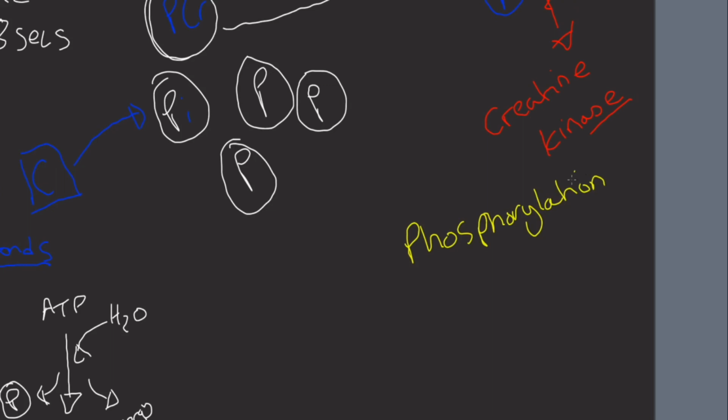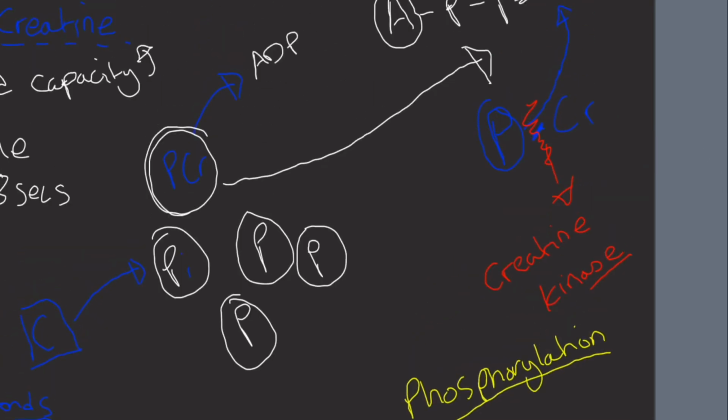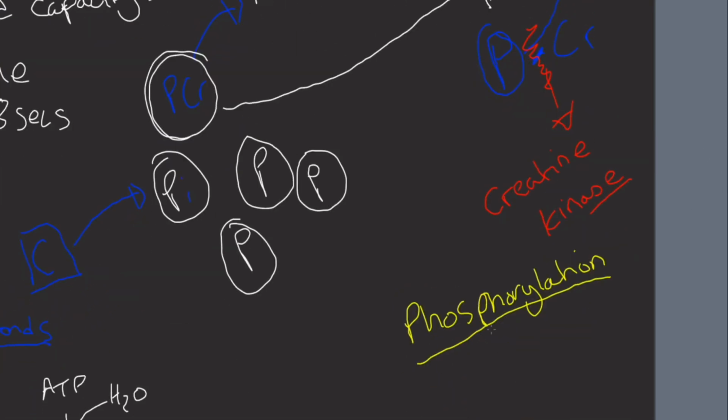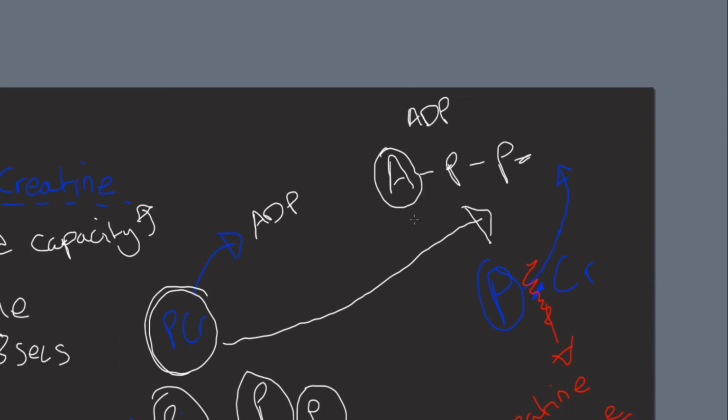So phosphorylation is when a molecule is phosphorylated, it gains an additional phosphate. So ADP becomes phosphorylated. It gains an additional phosphate. Okay. In turn, resynthesizing it to ATP.